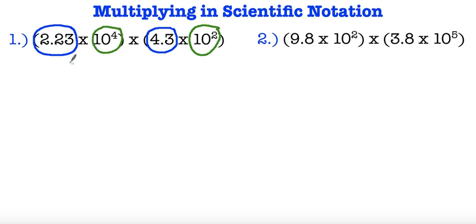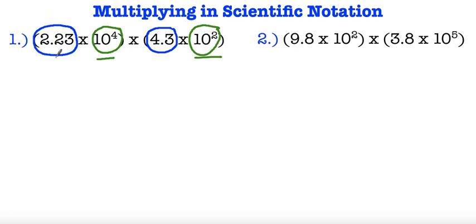That's because if we multiply 2 and 23 hundredths and 4 and 3 tenths first, and then we multiply these, we could see that 10 is raised to a power, and we know how to multiply when our base is the same and we're multiplying with exponents.